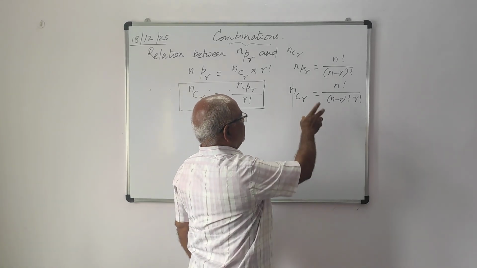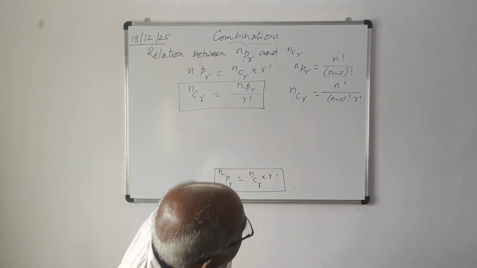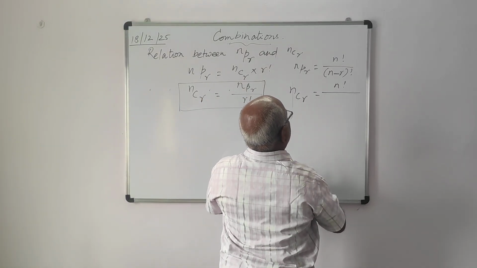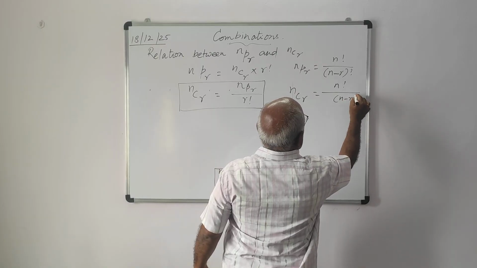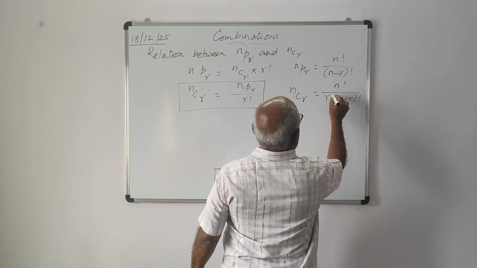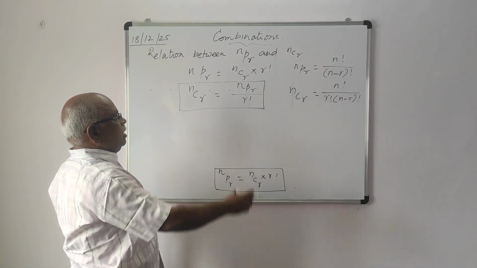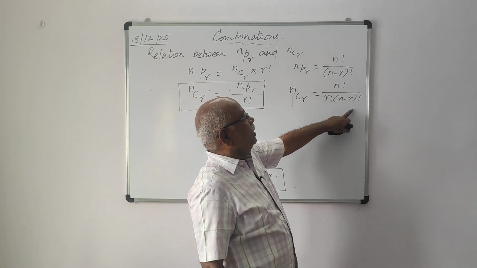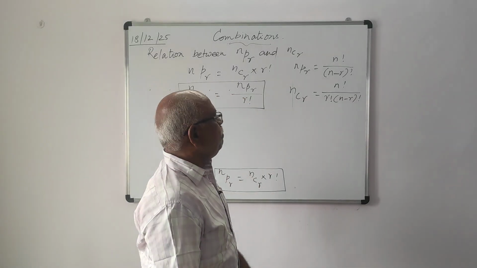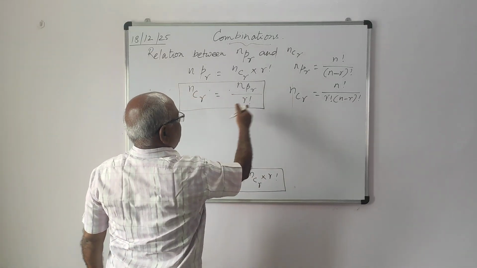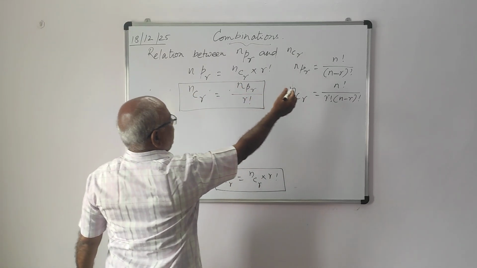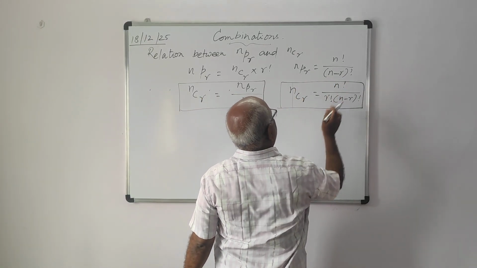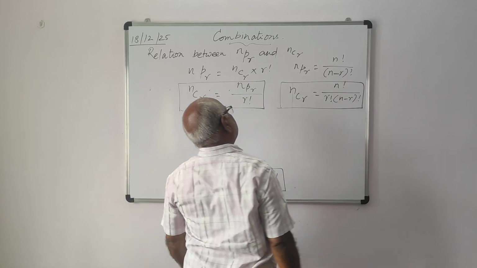Generally we write it as first r factorial and then n minus r factorial; both are one and the same. So the formula for nCr is n factorial by r factorial into n minus r factorial. This is our result for nCr.